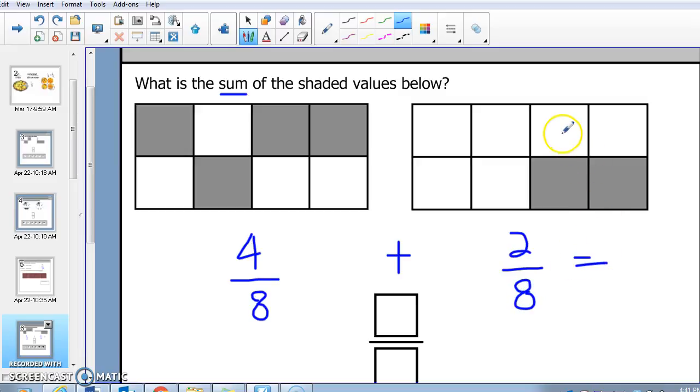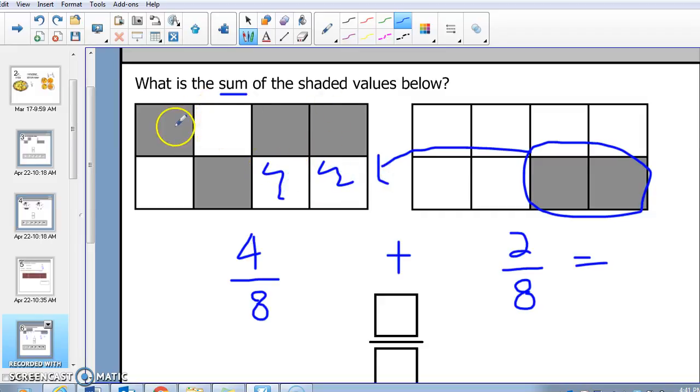So basically we're thinking about bringing these pieces over here. So if we did that, we'd color in these two, and there'd be 1, 2, 3, 4, 5, 6 out of 8. So hopefully that is what you're getting.